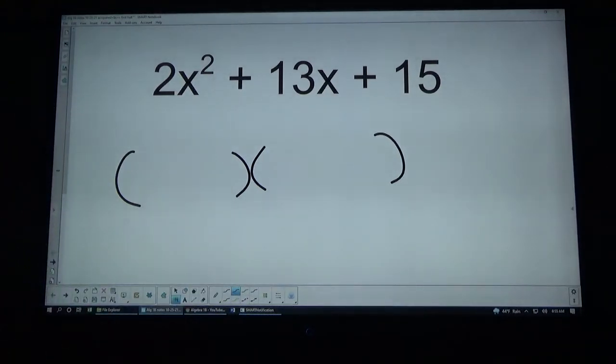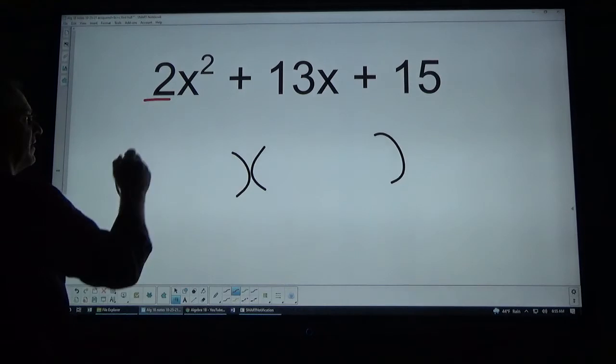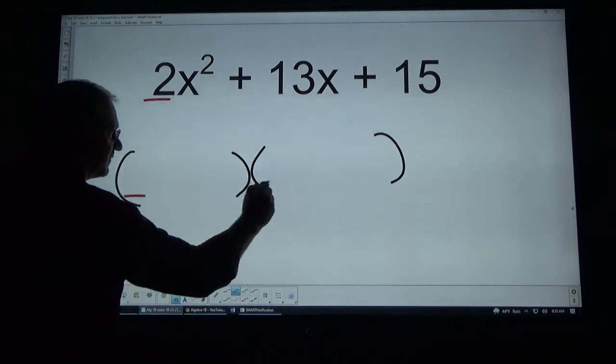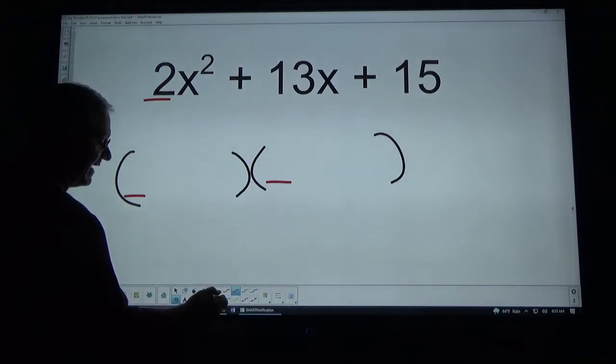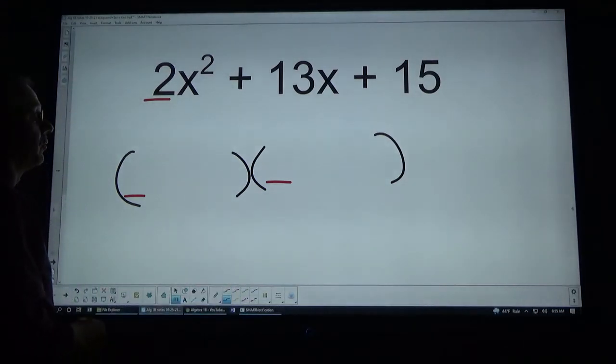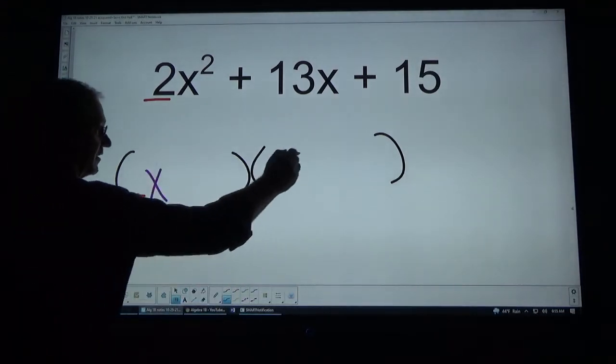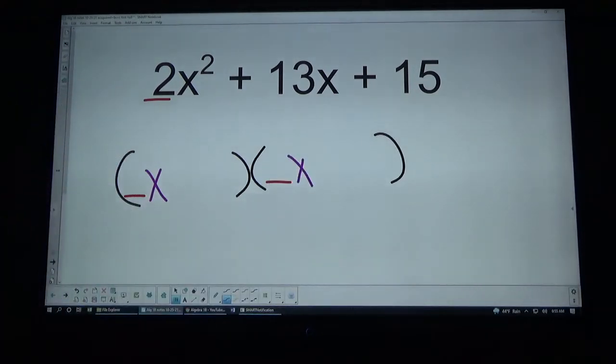The big difference is we need to have a pair of numbers that multiply to give us our first term coefficient that go before the variable that we normally put in there. So normally we just put an x and an x. Now we have to put a number, then the x and x.